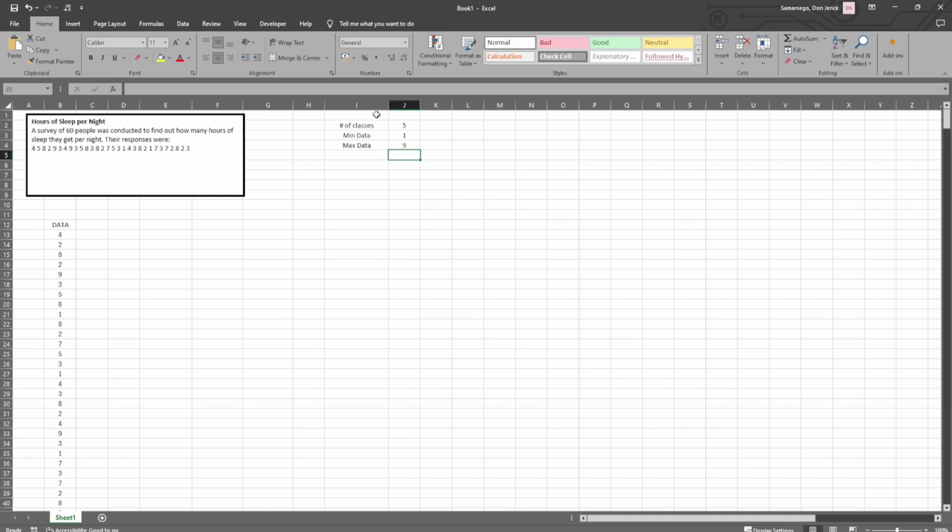And we can now get the range. Range is equal to maximum data minus minimum data. Then the class width.